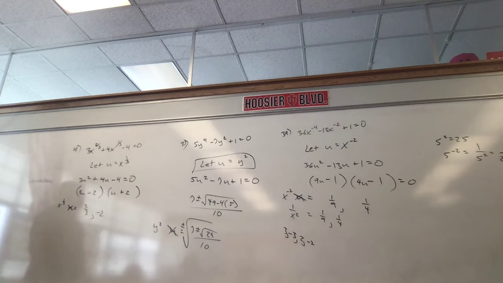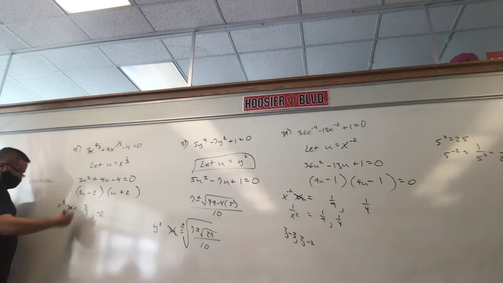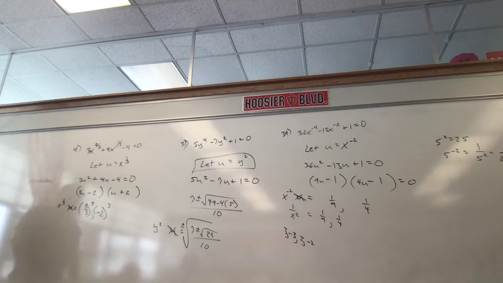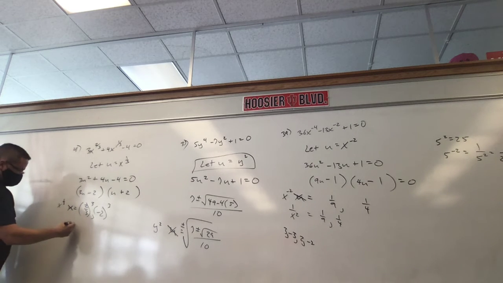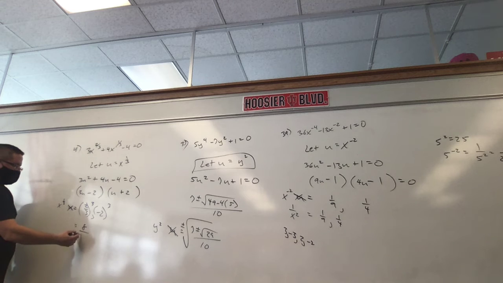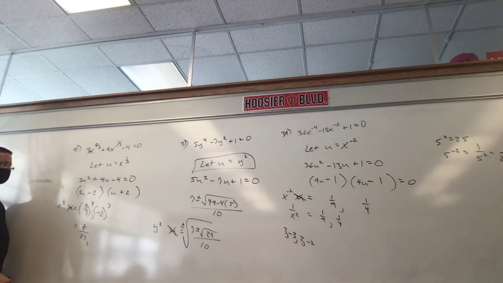What gets rid of cube roots? Cubes. So what do I do with these things? Cube it. What's 2/3 cubed? What's 2 cubed? Careful, 8. 2 times 2 times 2. 3 cubed is 27. Negative 2 cubed is negative 8.